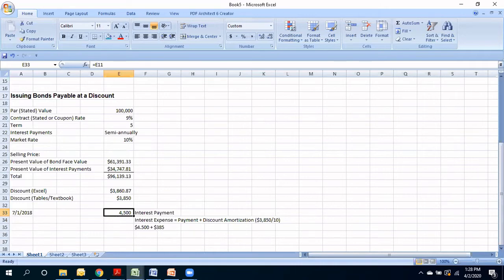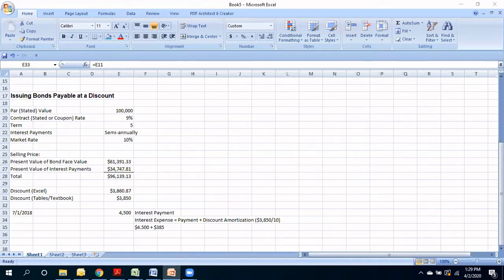Okay. So this is another way of looking at the PowerPoint examples. The slides in the PowerPoints really focus on the journal entries and how we record the carrying value of bonds, and how we record the amortization of the discount.